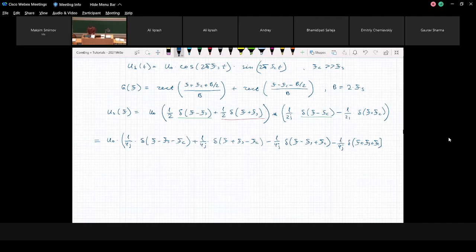Now we can plot the resulting spectrum. Say this is our U1 of f, axis frequency.